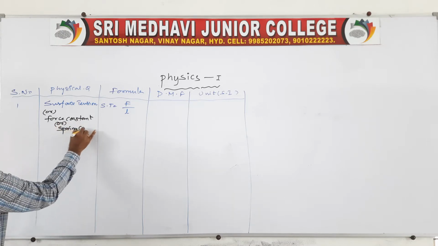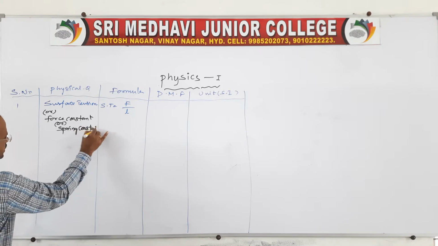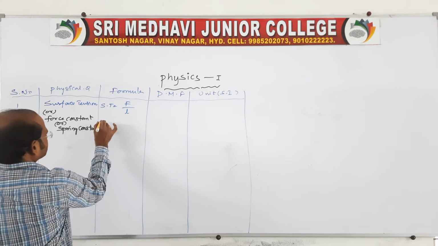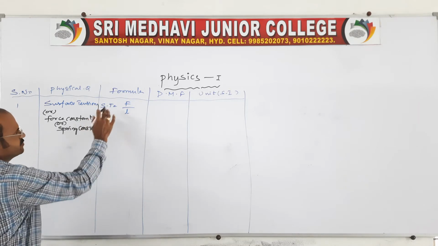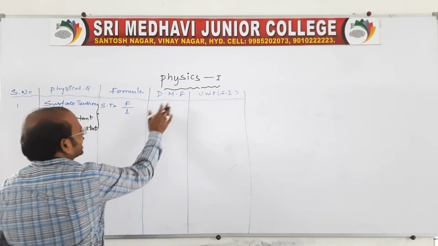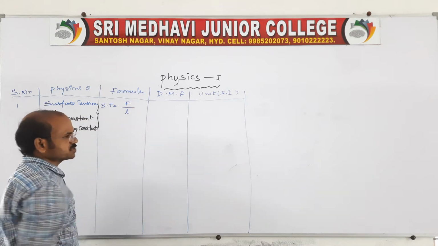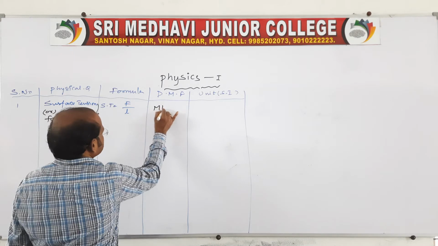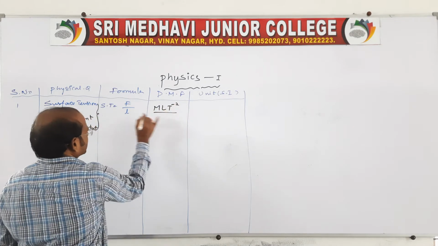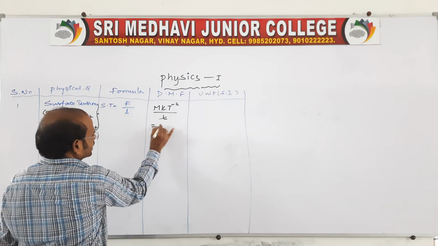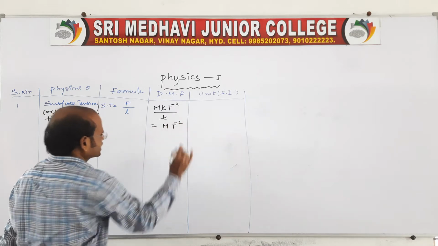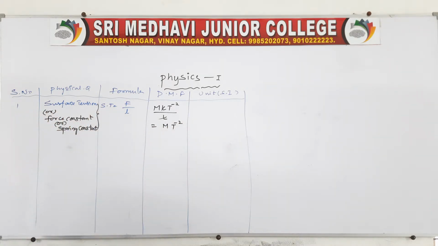For these three it is the same, force per unit length only. The dimensional formula for force we know, that is M L T power minus 2, and length is L, so we get M T power minus 2. This is the dimensional formula for surface tension, force constant or spring constant.